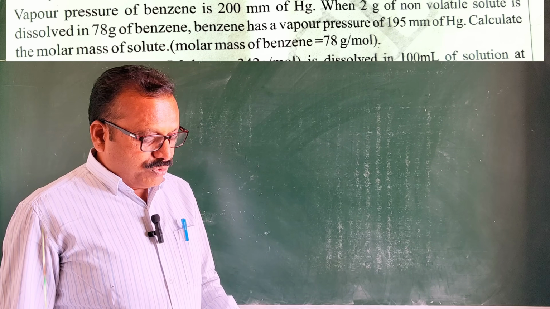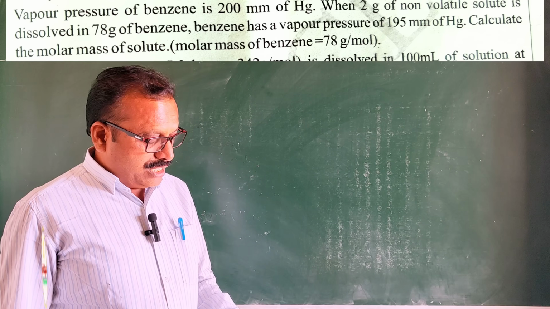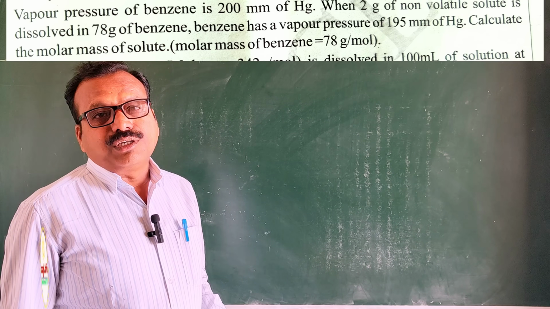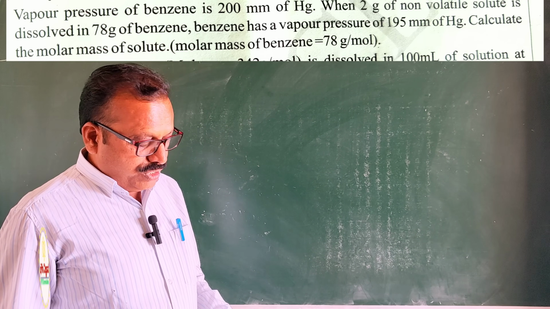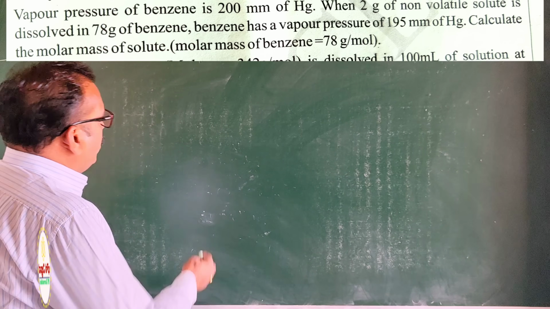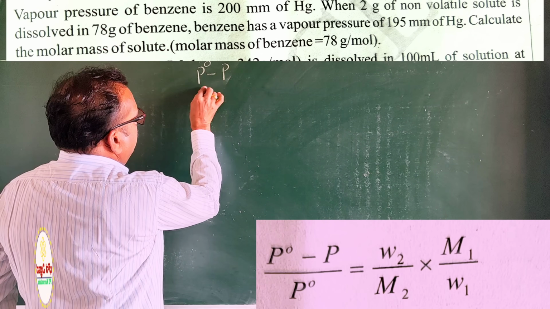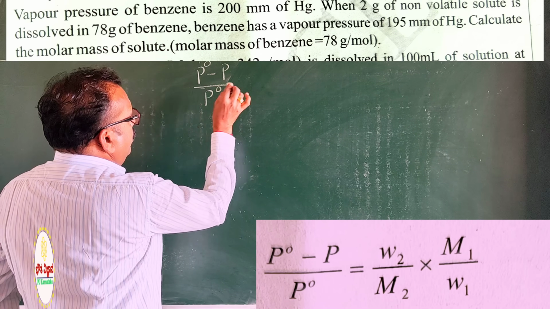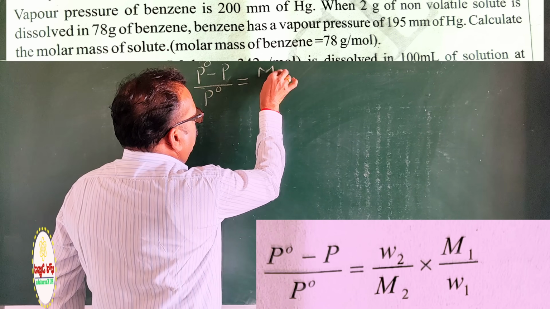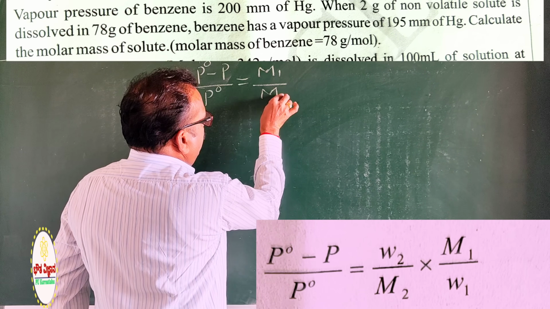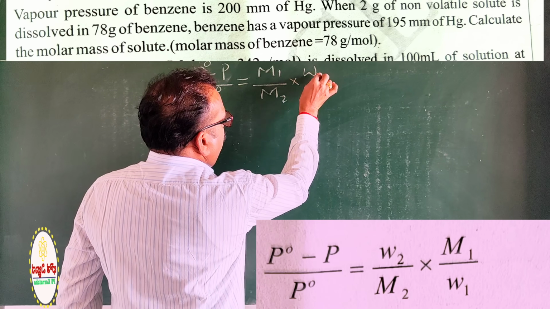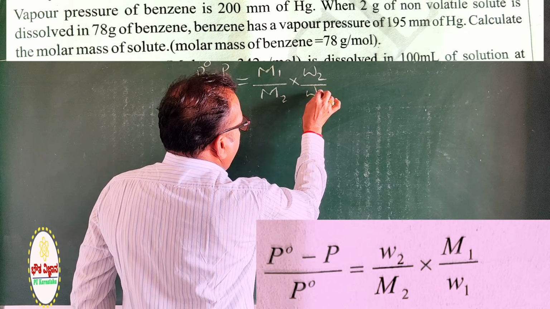Calculate the molar mass of the solute. Here molar mass of the benzene is 78 gram per mole. So first you have to write the formula, that is P0 minus P divided by P0 equal to M1 divided by M2 into W2 divided by W1.